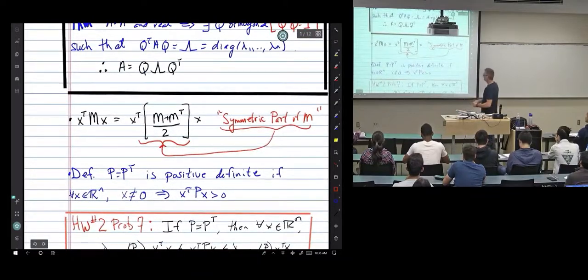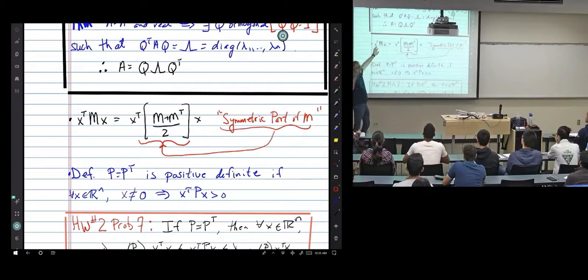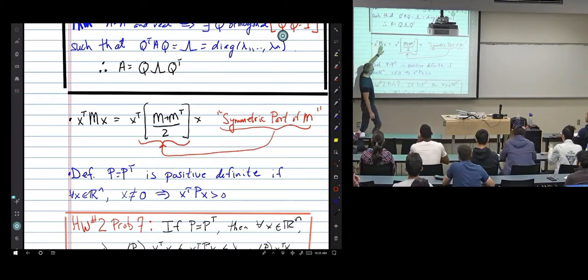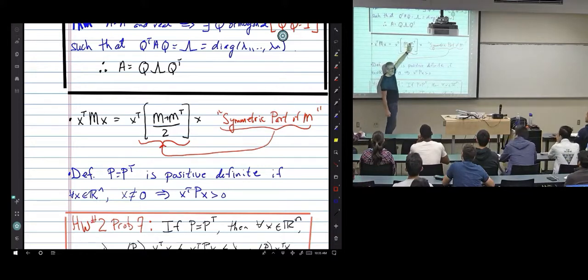Okay, then we started looking at essentially what we're getting ready to do here, which is build a more general inner product than just X transpose X. We're going to put a weighting matrix in here. So we looked at these quadratic forms for M, not necessarily symmetric, and we decomposed it into a symmetric part and a skew symmetric part. And we noticed that X transpose times skew symmetric times X is identically 0.